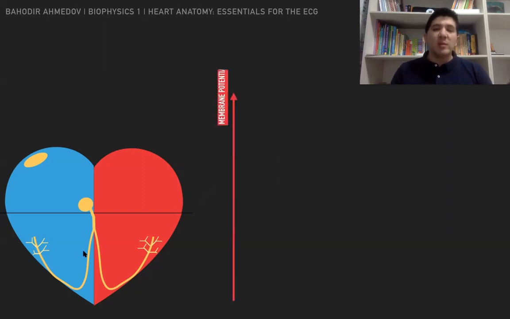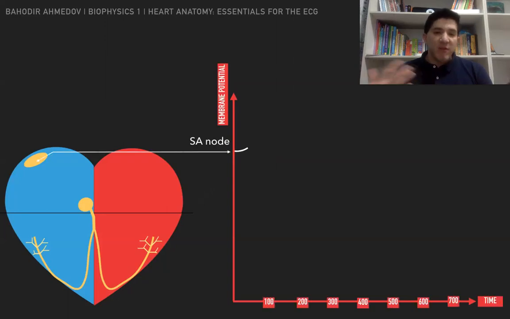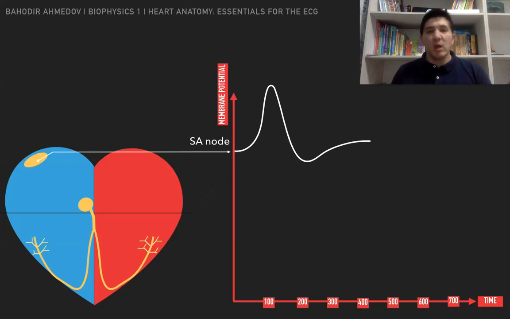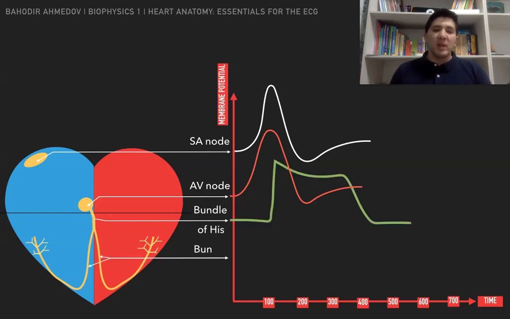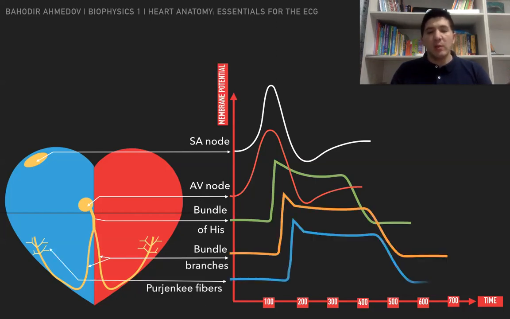The action potential created by the SA node is going to look very similar to the action potential in nerves, and the AV node is going to be very similar to the SA node, and the bundle of His is going to be slightly different. The action potential of the bundle branches can look like this, and the Purkinje fibers can look like this. If you remember, this part of the action potential is called the plateau. This is also important for us.